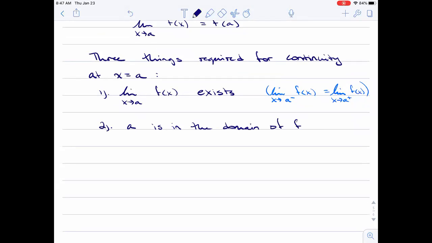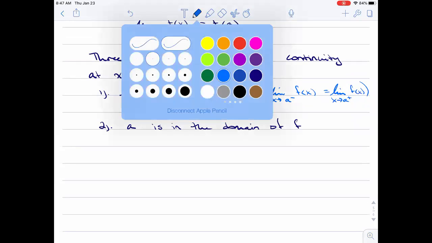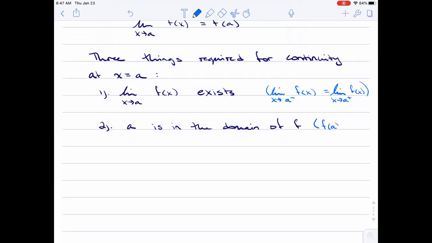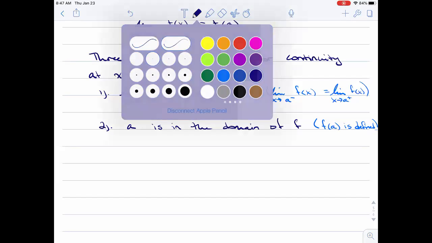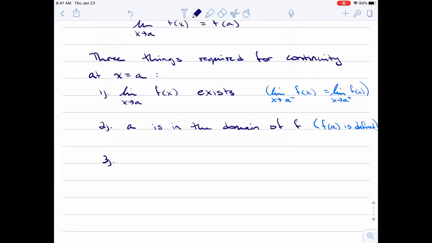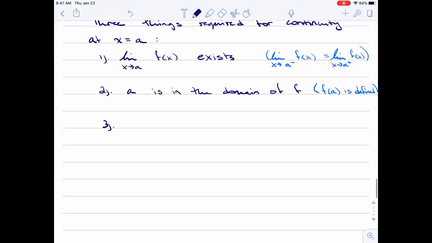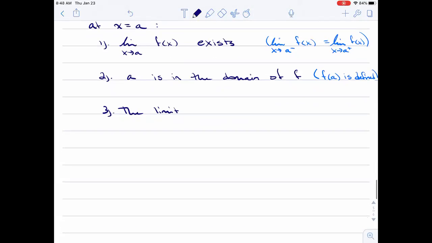So f of a must be defined. And then the third point is that the limit has to equal f of a. So the limit is equal to f of a.